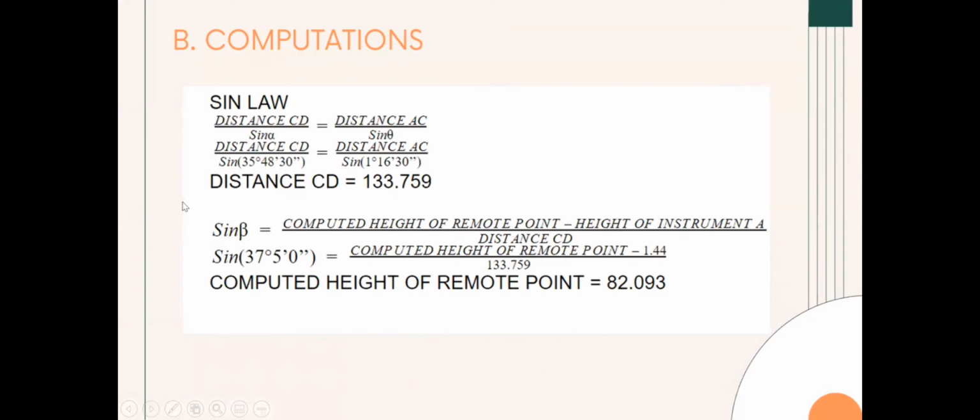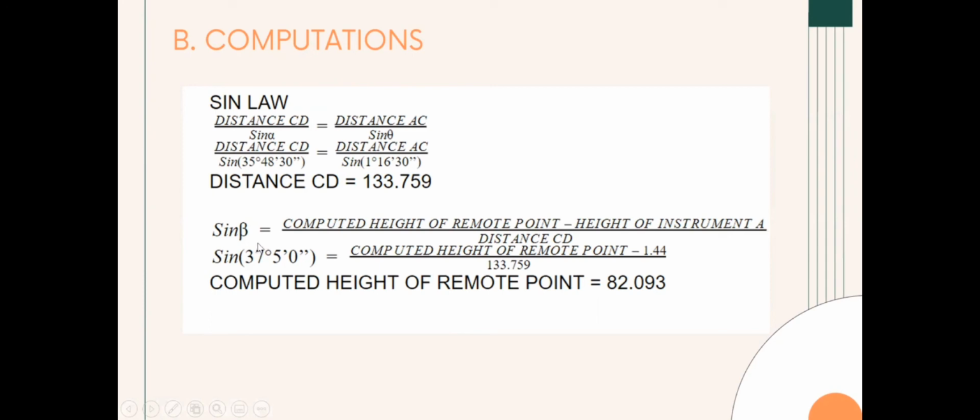And to find the distance of CD, we will need to use the sine law, which is the distance of CD over sine of alpha is equal to the distance of AC over the sine of theta. Once computed, we will have the value of distance CD, which is 133.759.